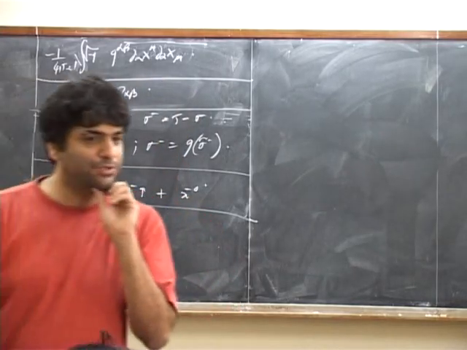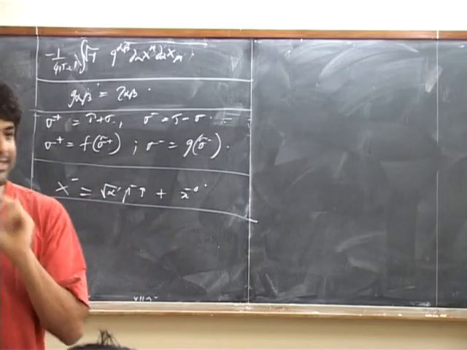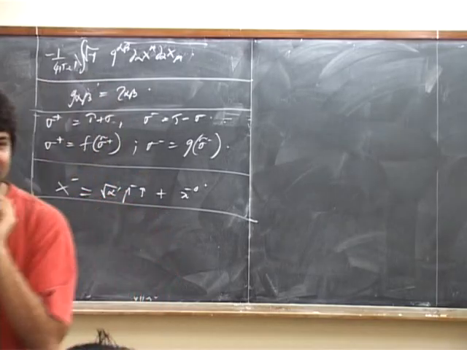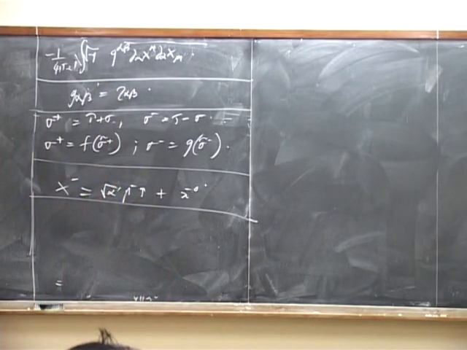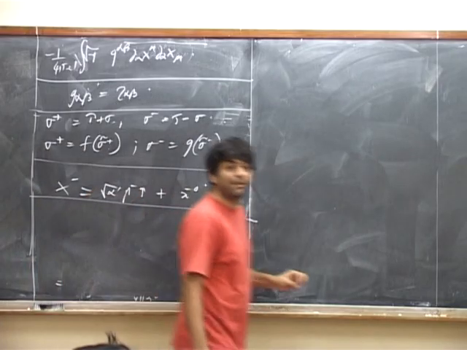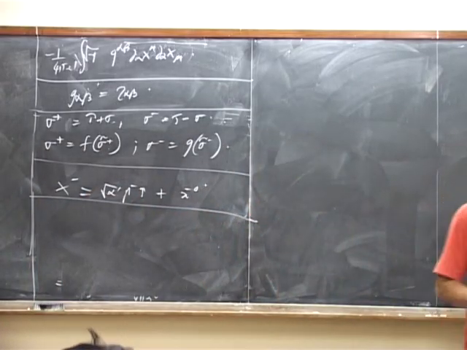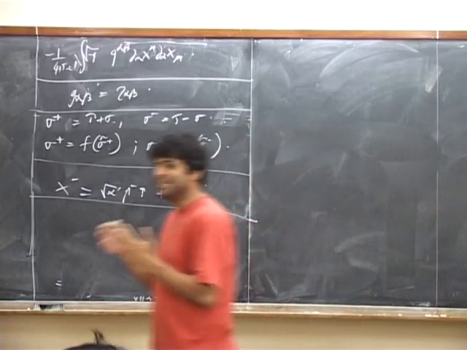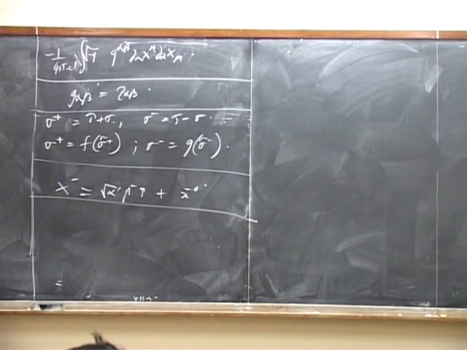Actually, people who took my quantum mechanics 1 class, we used this method to quantize Landau levels. But I don't think you remember that. Okay, so this method has a fancy name. It's called geometric quantization. We will use such a small part of it that we won't require much terminology. But let's just see the method.